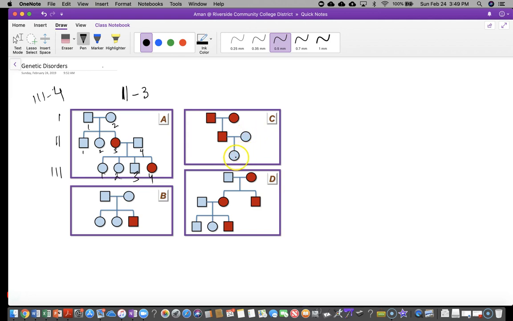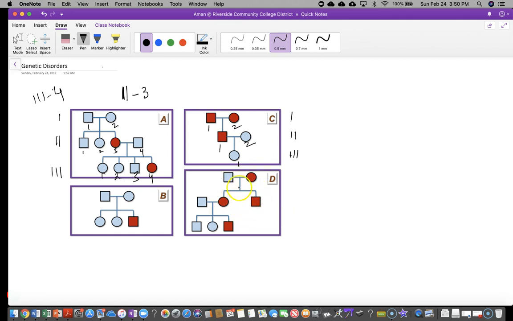If I ask you, in the third generation, was anyone affected? No one was affected. In generation 2, was anyone affected? Yes, the son is affected. In generation 1, both of them are affected. In generation number 2, number 1 is affected, 2 is not. In generation number 3, 1 is not affected.